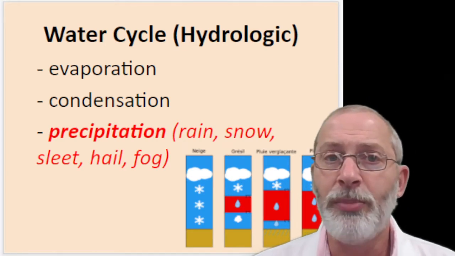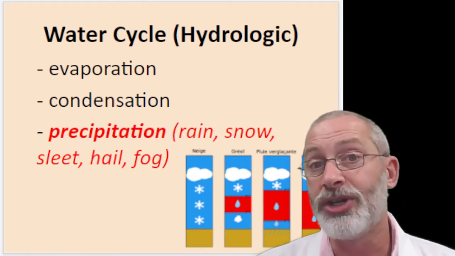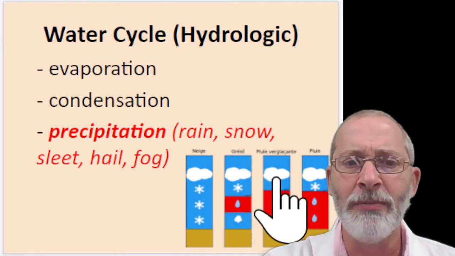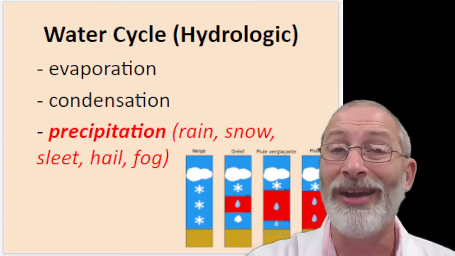Later on, we're going to be focusing on weather and climate. It's a later topic, and we'll talk specifically about these different columns of air temperatures and the type of precipitation that results.